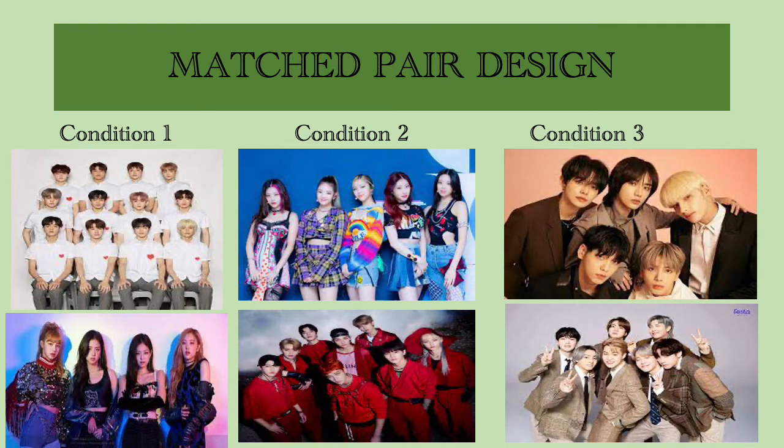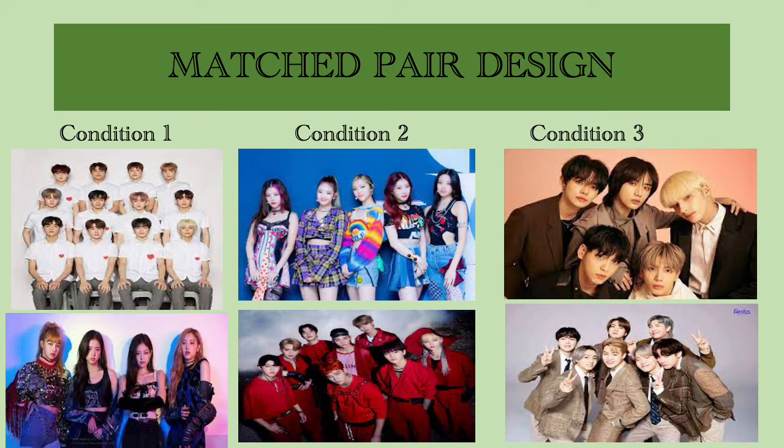Basically, the researcher usually sets up criteria on what they want in the participants. And then they will group the participants based on that criteria or based on something that is similar between them.